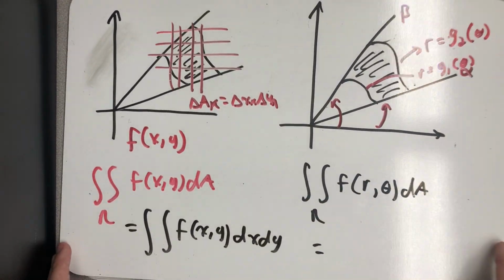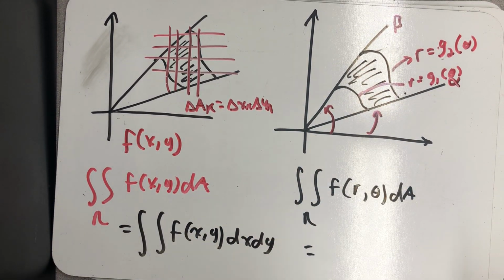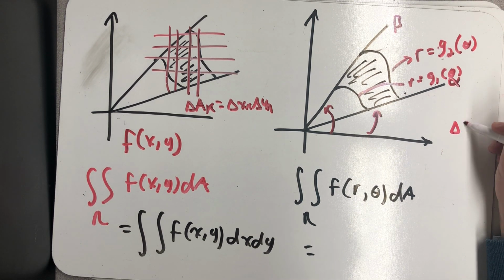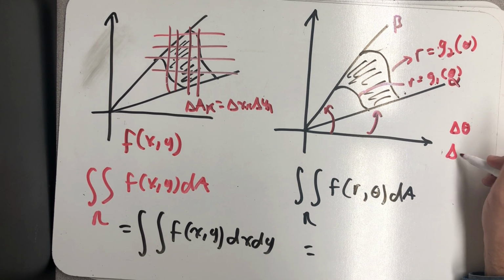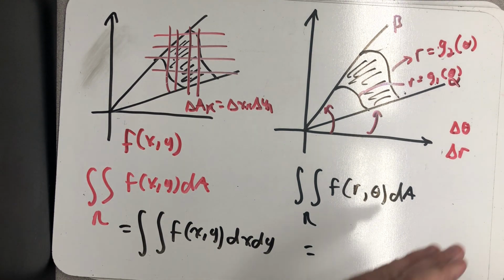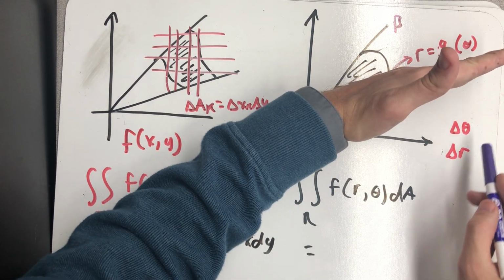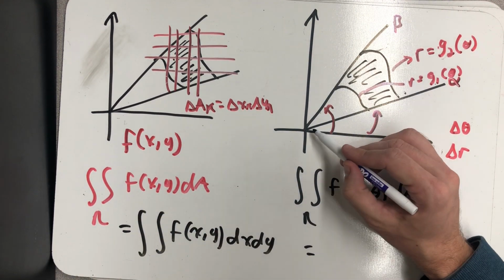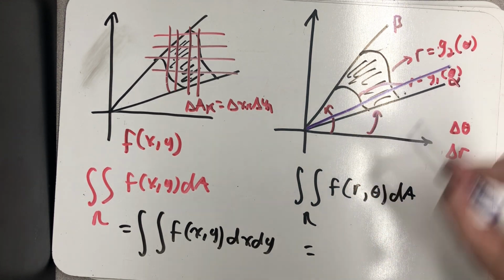So let's imagine chopping this up into little polar pieces by thinking about incrementing an angle, delta theta, and incrementing the distance we are away from the pole, delta r. And, well, what would that do? If I imagine starting at alpha and increasing the angle by delta theta, it would just give me another ray.